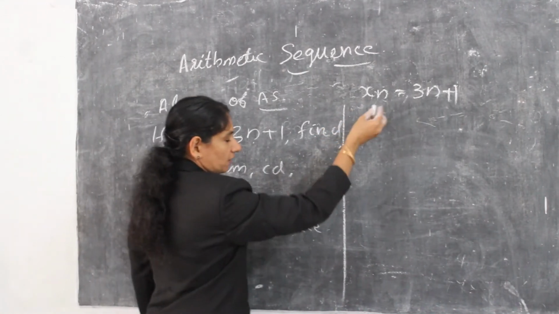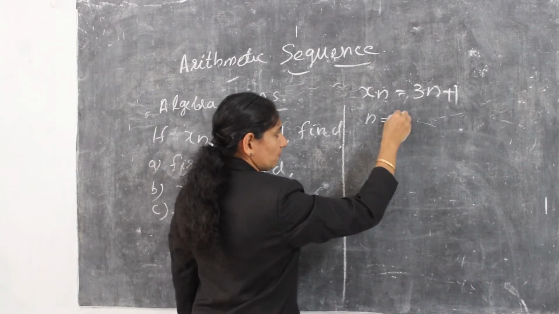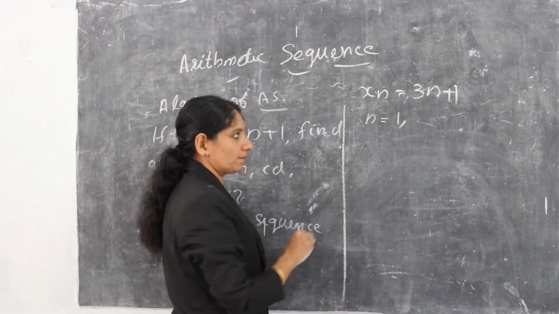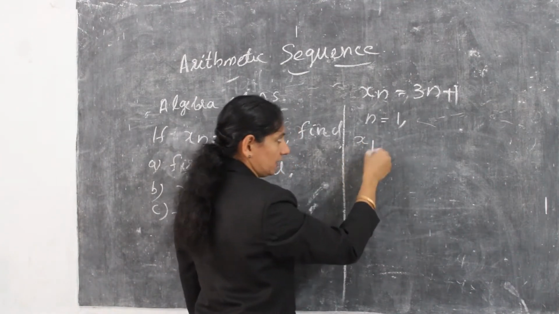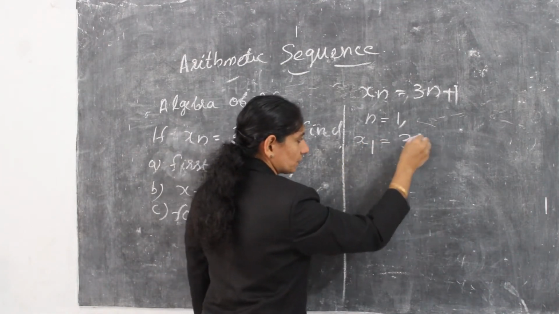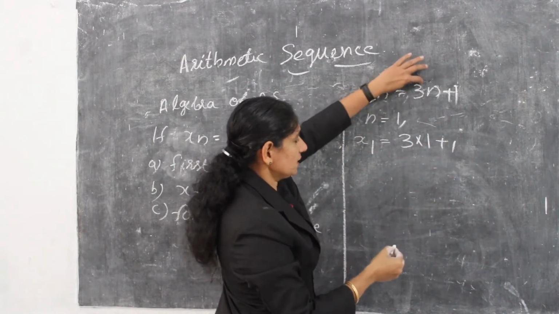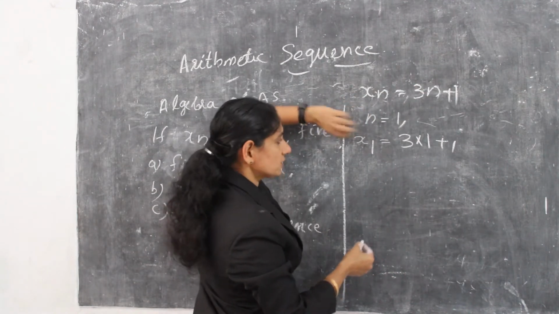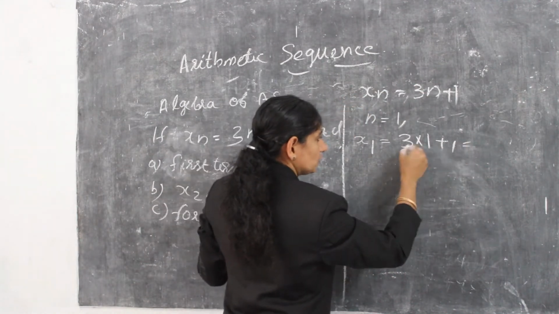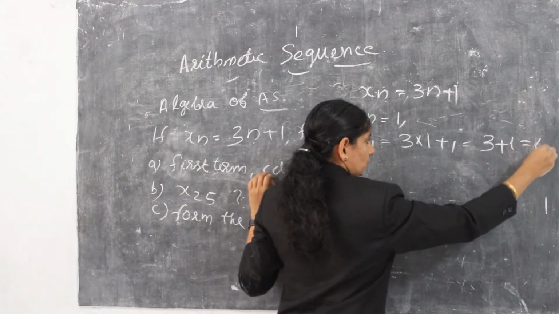The first term is got if we put n equal to 1. Then instead of n write 1: x1 equals 3 into 1 plus 1, which is 4.